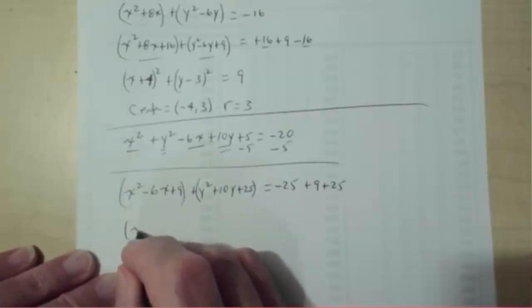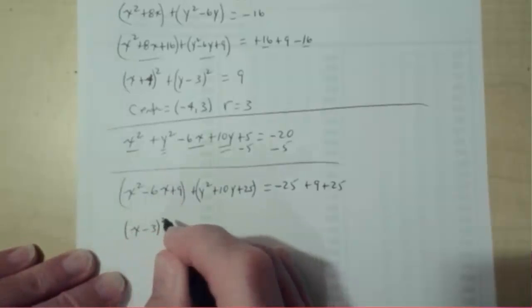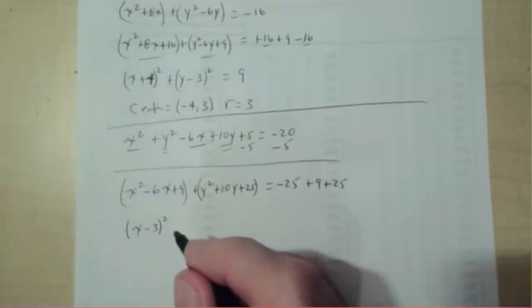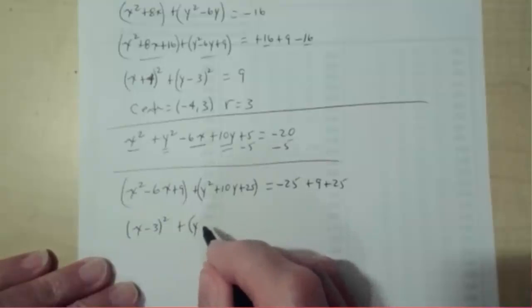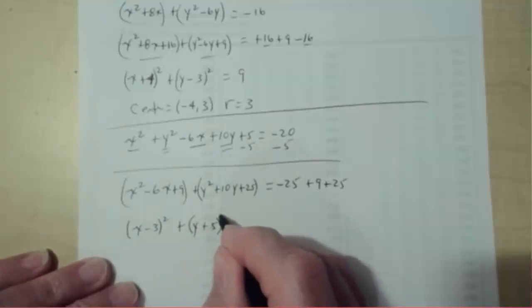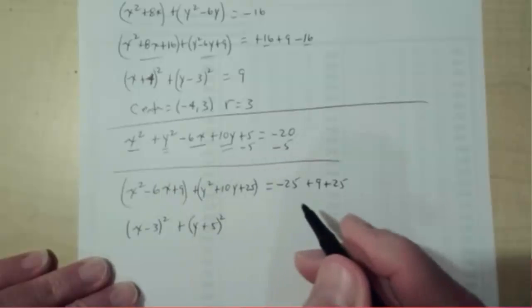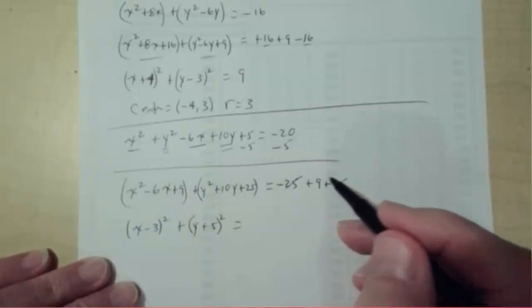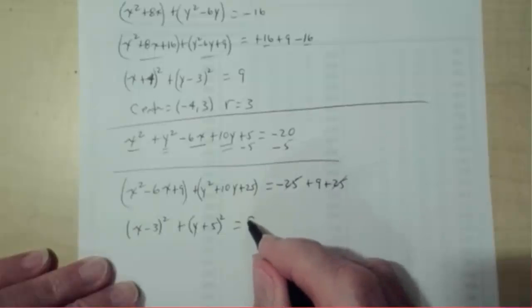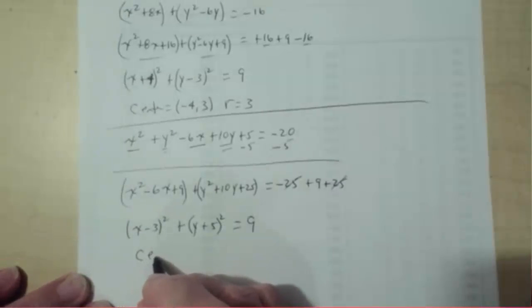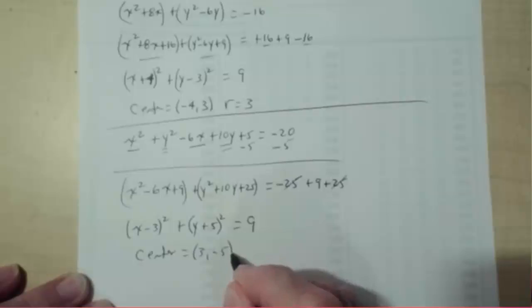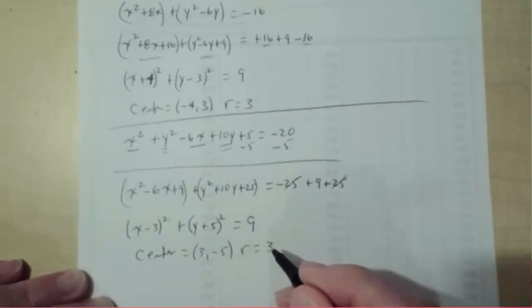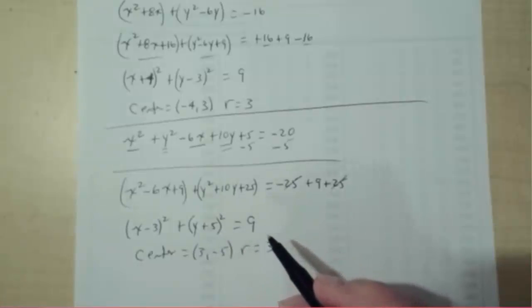It is x minus 3 all squared, plus y plus 5 all squared, equals 25 minus 25 is 0, equals 9. So our center is 3 comma negative 5, and our radius is the square root of 9, which is 3.